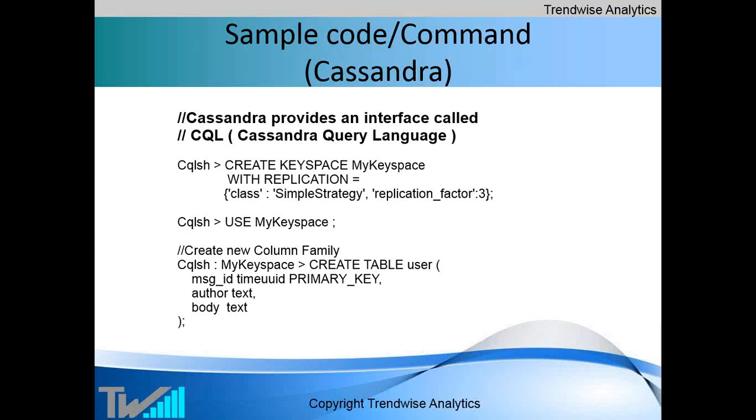Now, Cassandra provides what is known as CQL or Cassandra query language. So once you install Cassandra from the terminal, from the DOS prompt as we call it, you can go to CQLSH shell, and in order to create a key space, you use the command create keyspace, give the name, and there are certain parameters about the replication you need to provide.